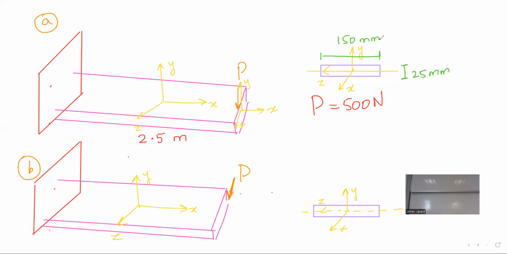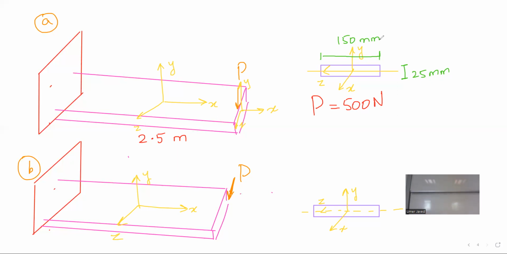There's a moment. So we're taking it like this, and the same thing for the maximum shear force. Not shear force, for now, moment. So shear force will be the same as the P, like 500.